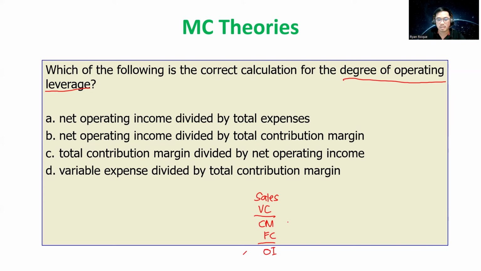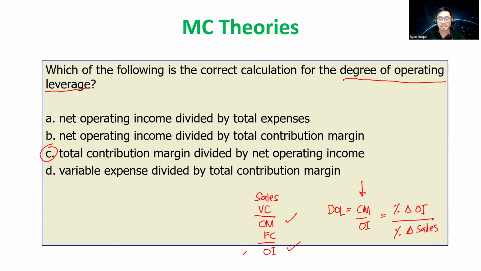The answer would involve the CM and the OI, but it is the formula that DOL is CM over OI. So the answer is letter C. Aside from this formula, you can actually compute for a DOL using the percent change in your operating income over the percent change in your sales.